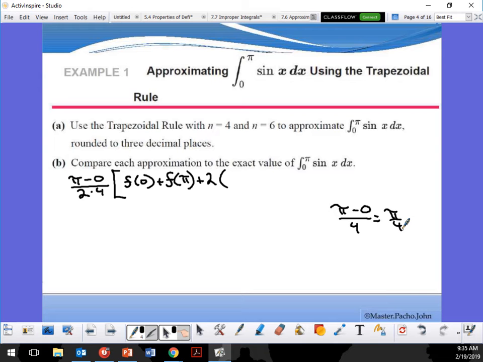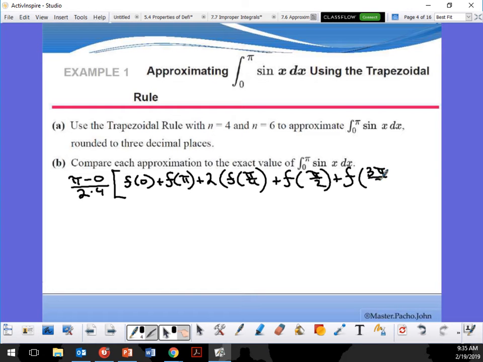So now, starting at pi, this next one's going to be f of... Oh, I'm sorry, starting at 0. Thank you. So starting at 0, it should go 0, pi over 4, right? Then the next one's going to be plus f of pi over 2 plus f of 3 pi over 4.